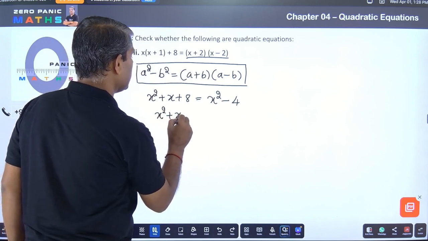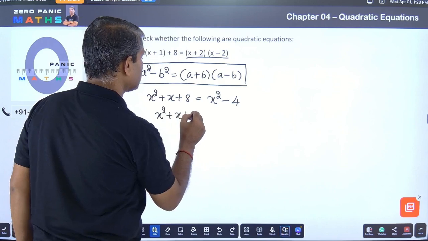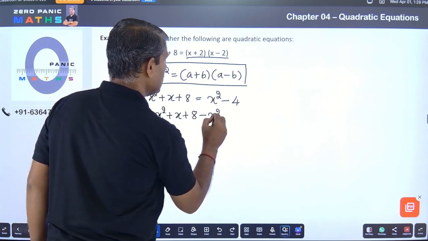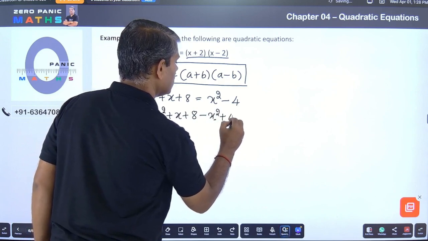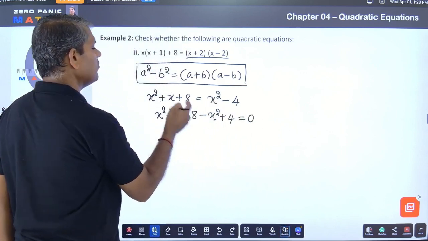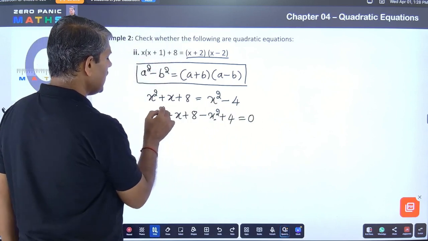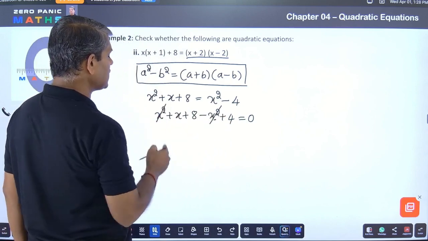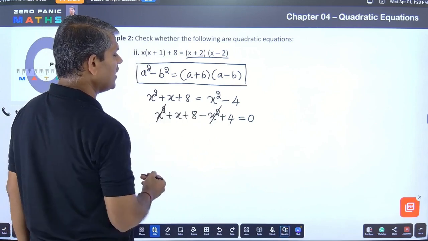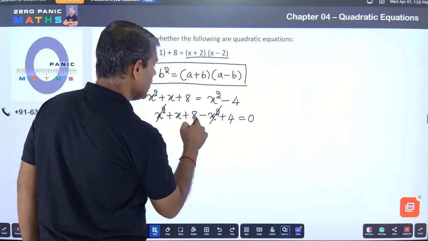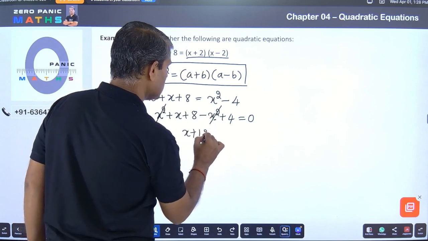X square minus x square, plus 4 taking to the left side, plus x plus 8. Here if you observe carefully, the x square term will get cancelled because it is plus x square and minus x square, and what remains here is x plus 8 plus 4, which is 12.